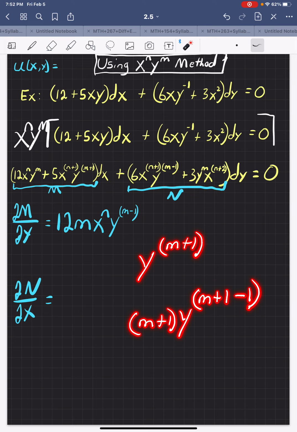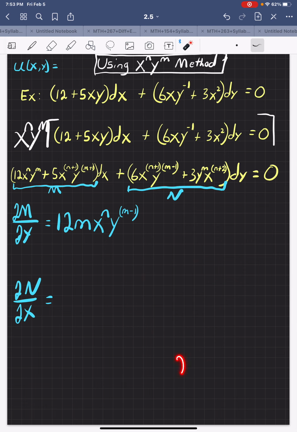Same idea, just like when we would do 2y to the power of 2 minus 1. If you had y squared, it's the exact same idea.